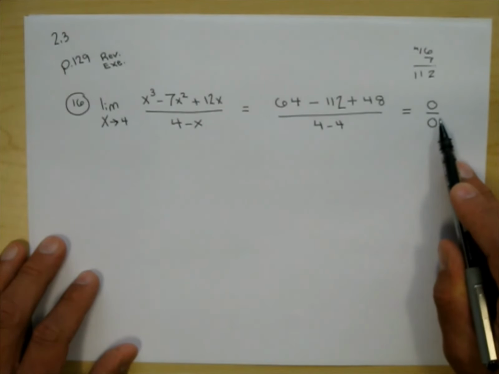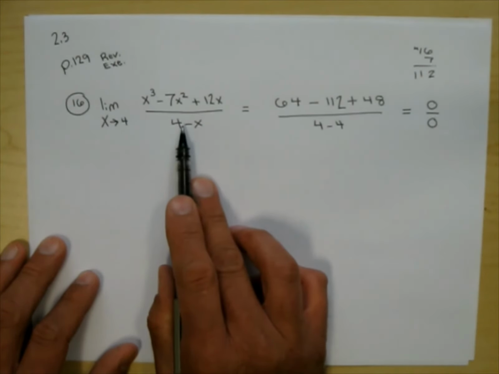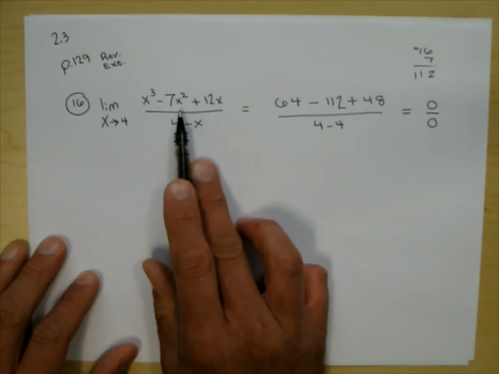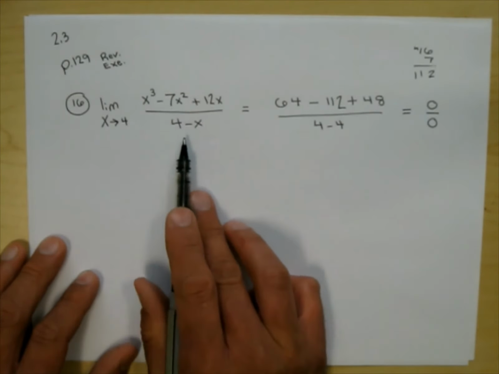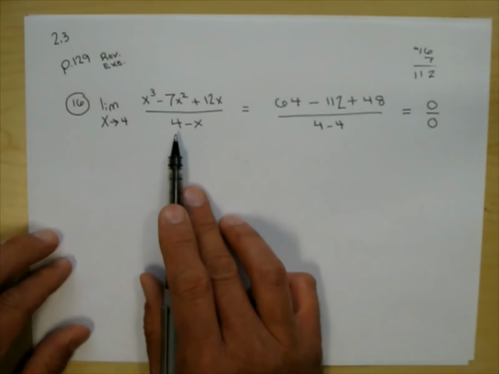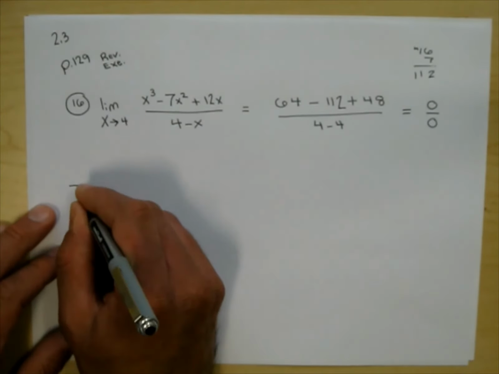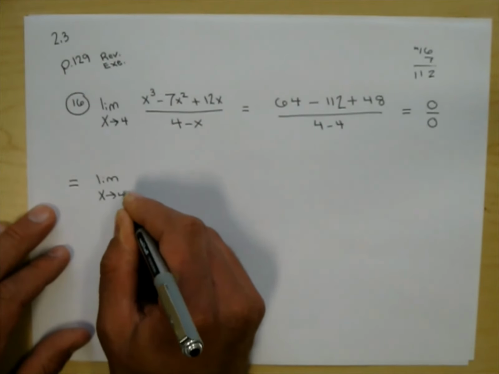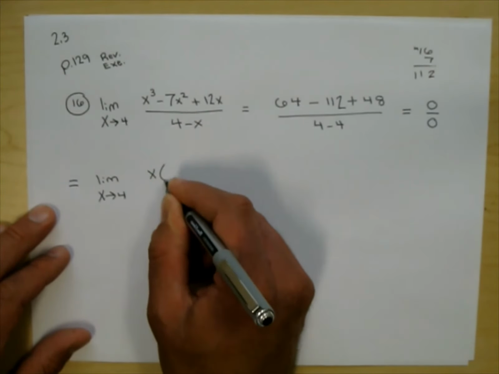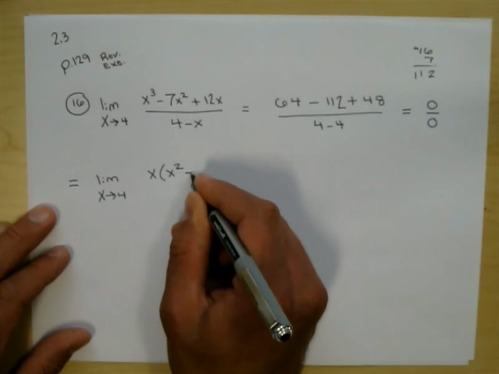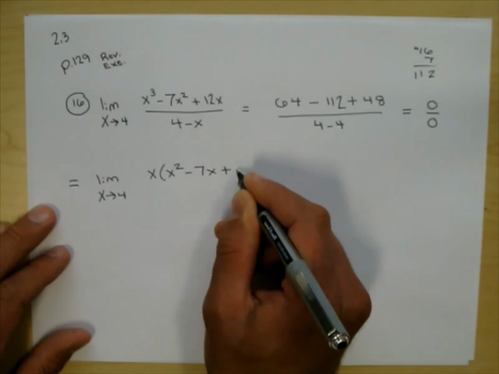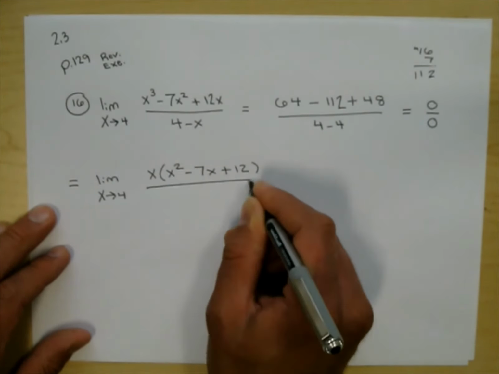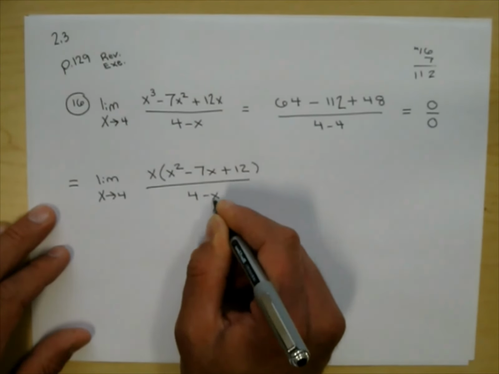But what we could do with this is maybe factor the top and the bottom and see if anything cancels. So that's what I'm going to do. This is the limit as x approaches 4. I'll factor an x out. So I have x squared minus 7x plus 12, all over 4 minus x.